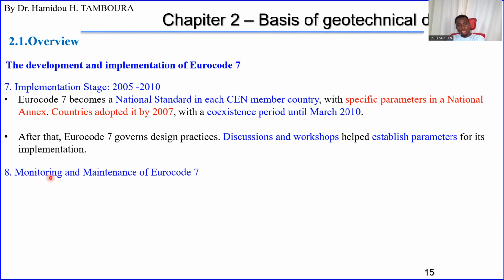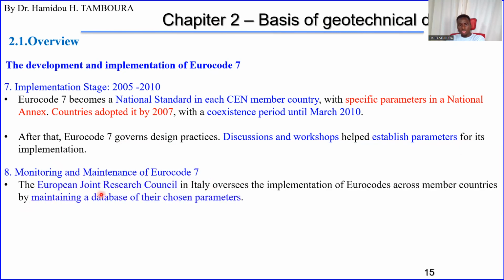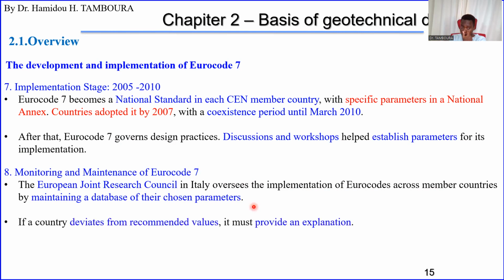Now comes monitoring and maintenance of Eurocode 7. The European Joint Research Centre in Italy oversees the implementation of Eurocode across member countries by maintaining a database of their chosen parameters, because each country will choose the parameters.